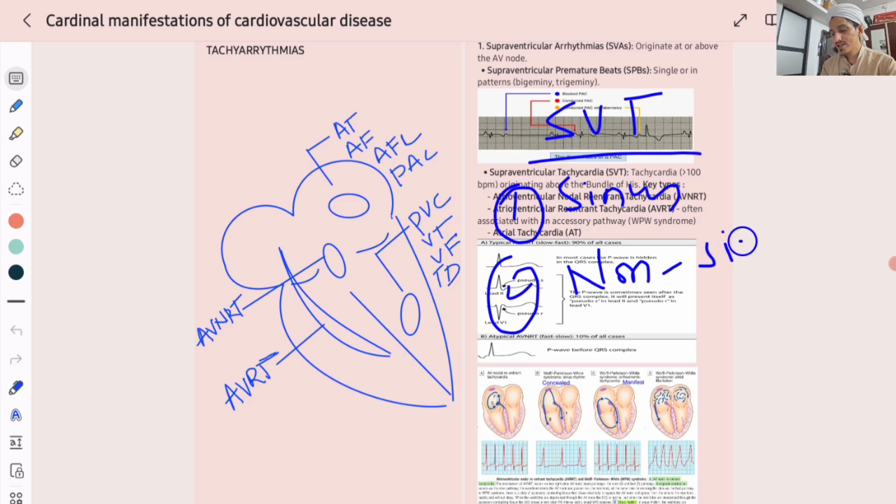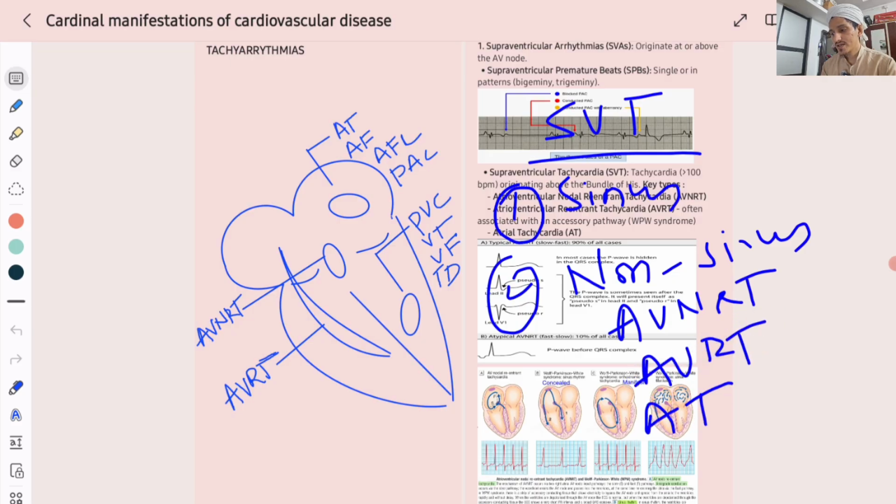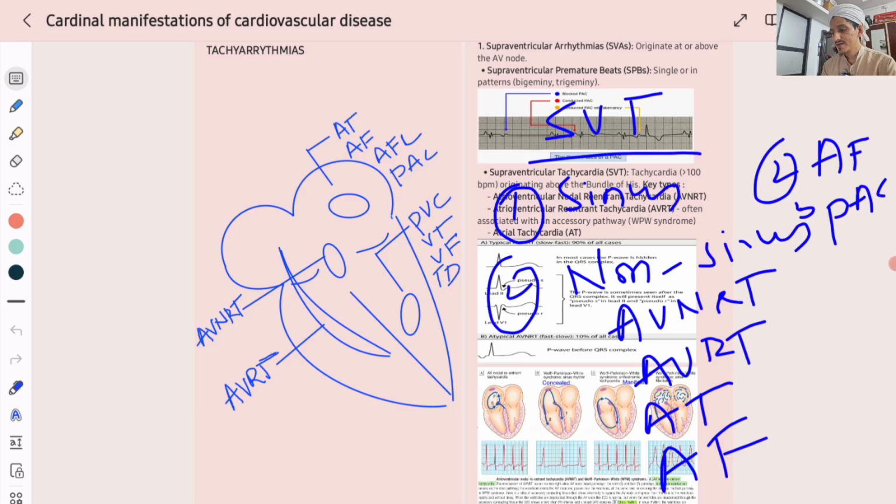In non-sinus tachycardia, you will have AVNRT, AVRT, atrial tachycardia, and atrial flutter also you can take. In irregular, you will have atrial fibrillation, and also premature atrial contractions. This is SVT, regular and irregular.